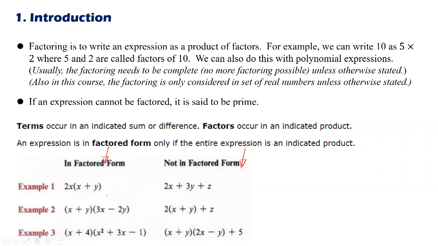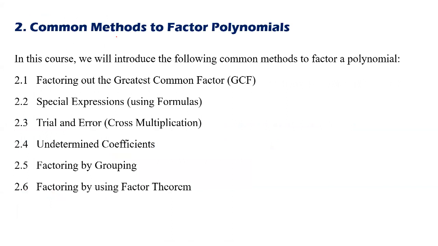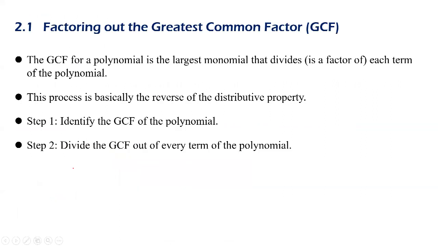Okay, so now let's have a look at the common methods to factor polynomials. In this course, we'll introduce the following common methods to factor a polynomial. There are 6 methods. So let's have a look at them one by one. First, factoring out the greatest common factor.